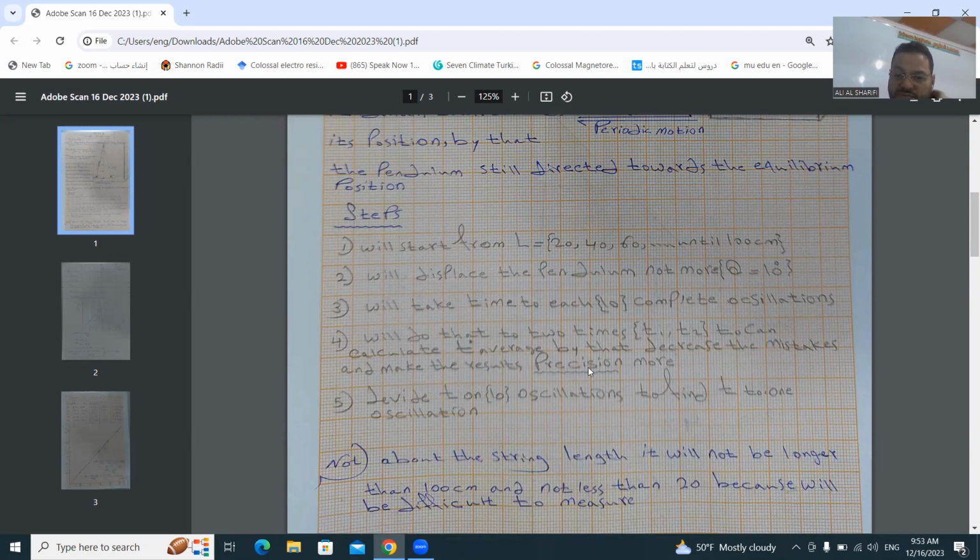Calculate T average, and by that decrease the mistakes and make my result more precise. It's important. And I explained some examples about that when we try to take the temperature of a patient.